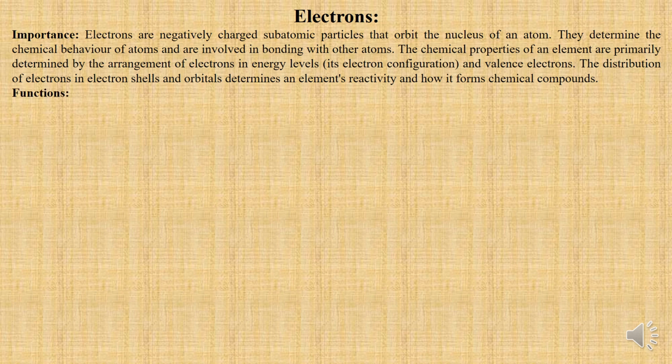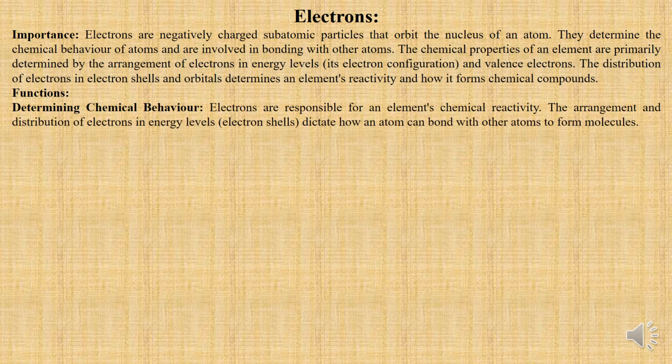What are the major functions of electrons in an atom? Firstly, they determine the chemical behavior of the element. So electrons are responsible for an element's chemical reactivity. So it is the arrangement and distribution of electrons in energy levels or the shells which decides how an atom will bond with other atoms to form molecules.